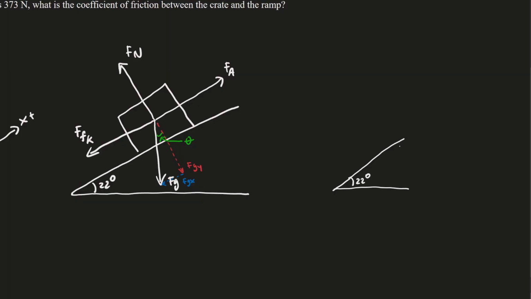Okay, and then I'm going to draw a line straight down to represent the FG that we had. So that is our FG, right? And then I'm going to draw our FGY right here, which is perpendicular to the ramp surface. And then I'm going to draw the FGX.